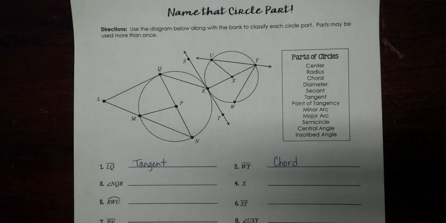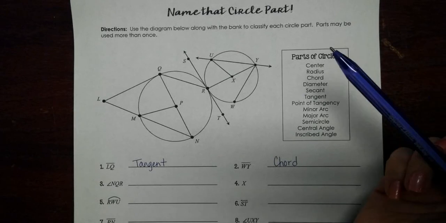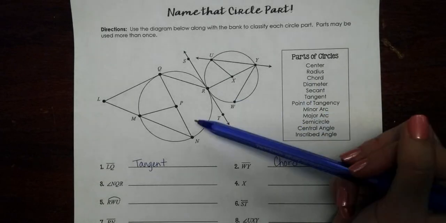Okay. Number 3, it's an angle, so it's either going to be a central angle or an inscribed angle. Those are our only two choices. So let's look. If it sits on the circle, it's an inscribed angle. If it sits at the center of the circle, it is going to be a central angle. So let's look. So I have angle NQR.